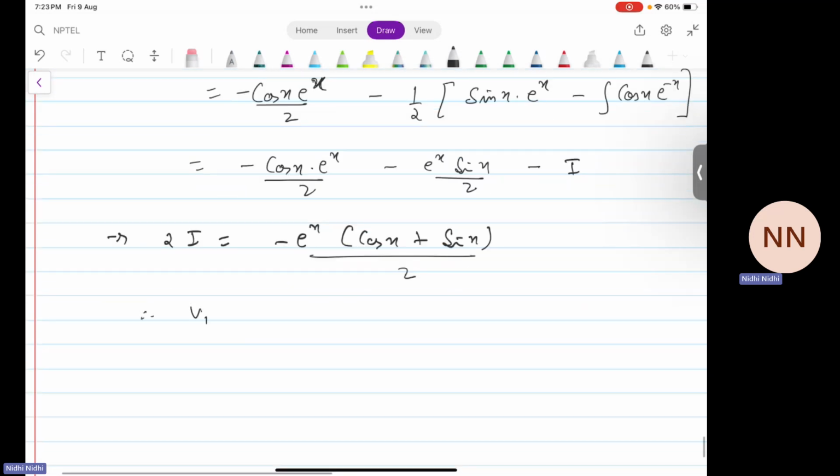Therefore, v1 of x is equal to minus e to the power x cos x plus sin x by 4.